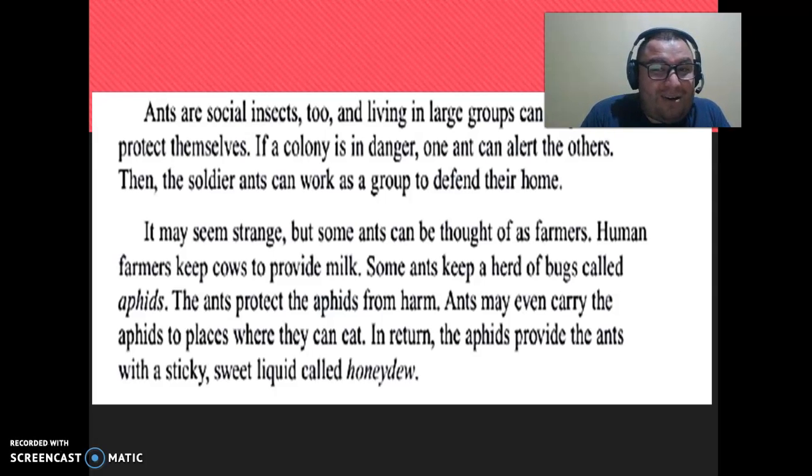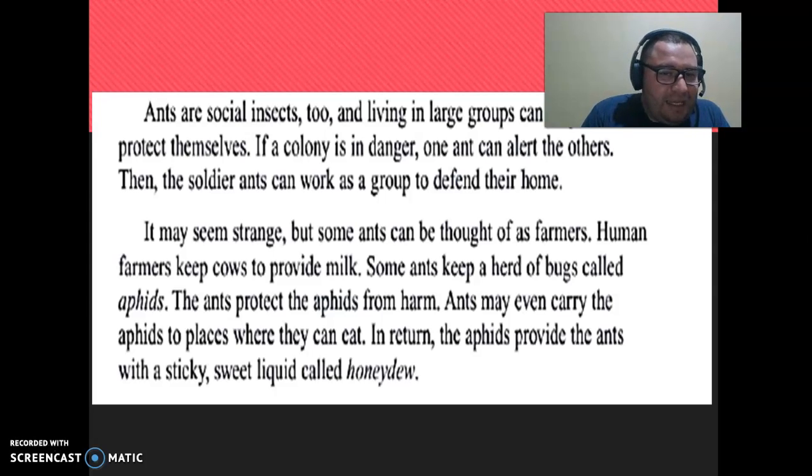So this is when the ants attack when they feel in danger in the anthill, right? It may seem strange, but some ants can be thought of as farmers.